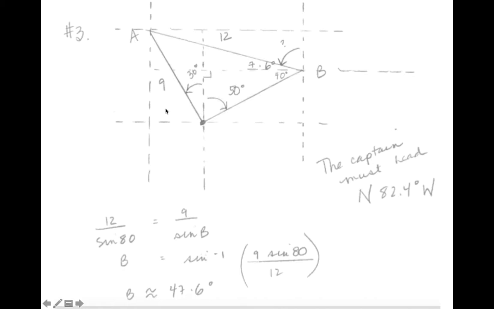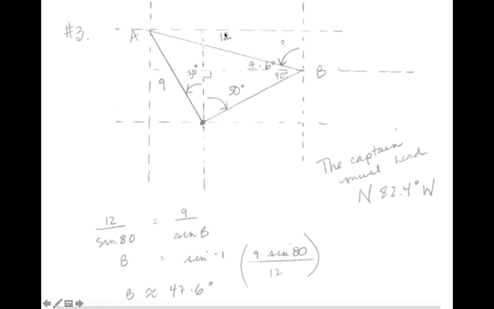I know that this is 50 because they told me. So that means my angle in the corner is 40. You could have also thought of it as if this one's 50, this one's 40, and then you would have alternate interior angles. Lots of different ways you can find it. But what I really need to know is what is this little tiny angle right in here? So it would be helpful if I could find angle B.